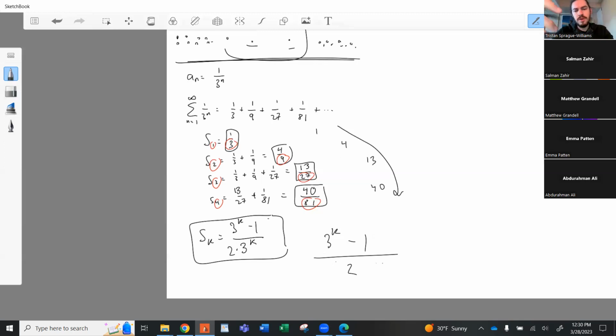So how could we figure this out? If your denominator involves powers of something, there's a fairly good chance the numerator is going to be somehow based on those same powers.